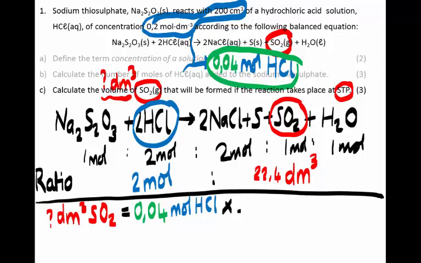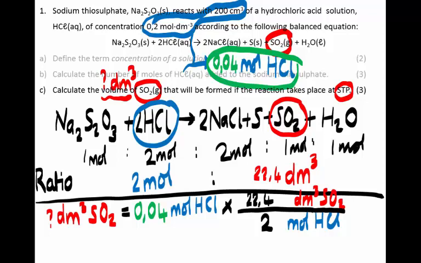In other words, we multiply the information for this particular situation by a unit factor, a conversion factor, which has moles of HCl at the bottom and decimeters cubed of SO2 at the top. And this is now referring to the ratio in which they always react. For this particular reaction, 2 moles of HCl react to produce 22,4 decimeters cubed of SO2.